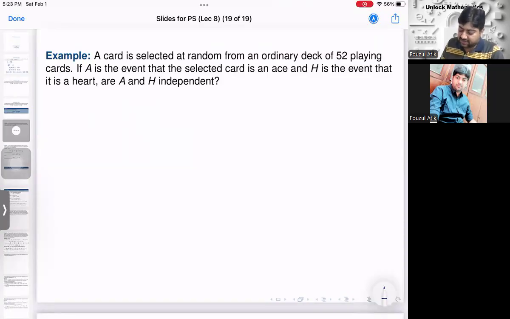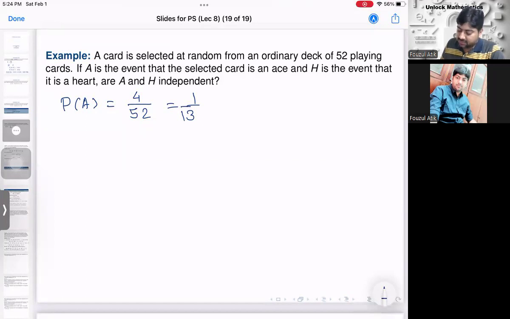It is given that A is the event that the selected card is an ace. What should be the probability of A? How many aces are there in a standard deck of 52 cards? There are 4. So the number of favorable cases for the event A is 4 divided by the total number of cases, which is 52. It is 1 by 13.